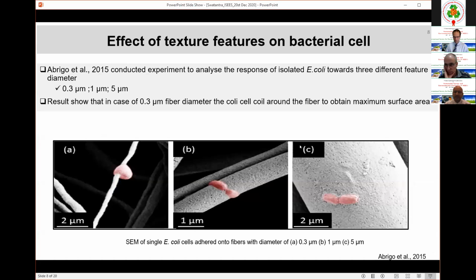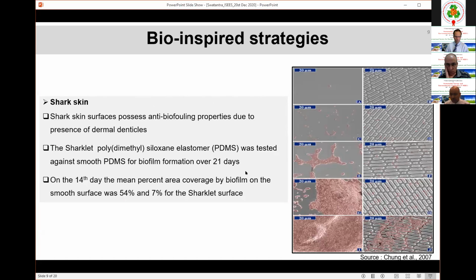Similarly, other studies have shown how, if you put different kinds of fibers, it is quite difficult for organisms to sit on them, because they are not getting enough area to sit and grow. Similarly, in another study, people have tried to mimic shark skin using polydimethylsiloxane, PDMS, and they made this kind of texture.